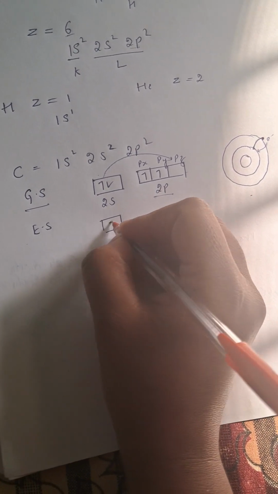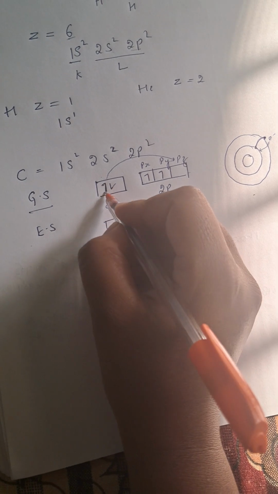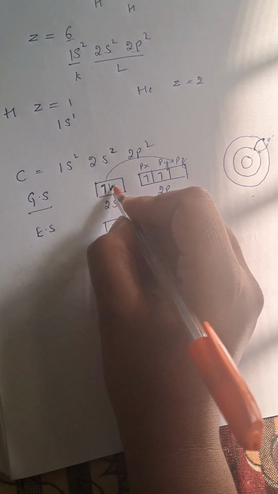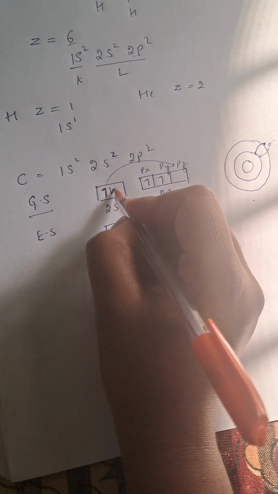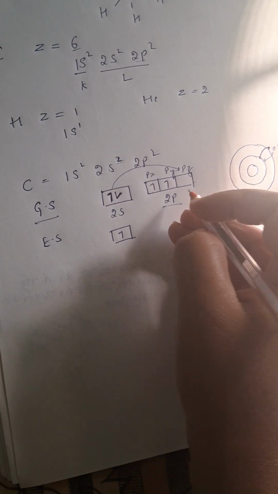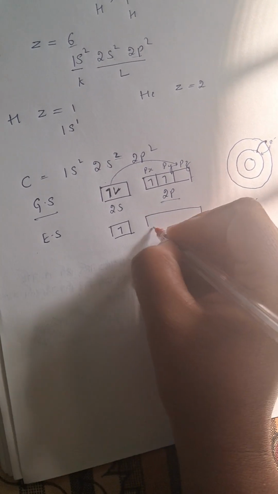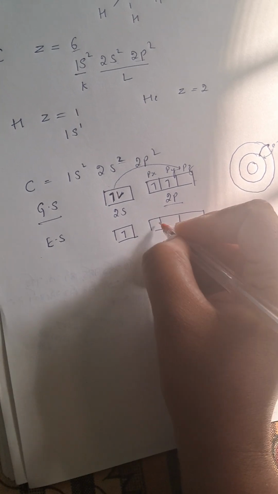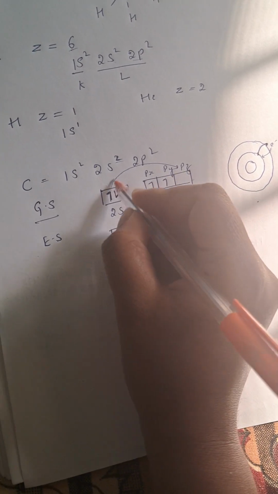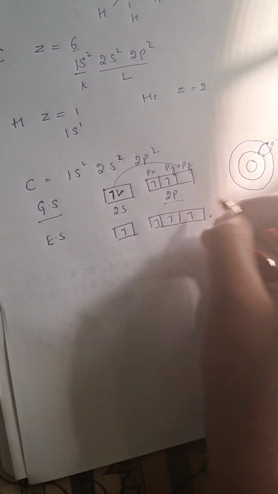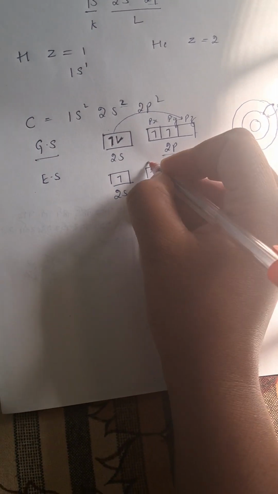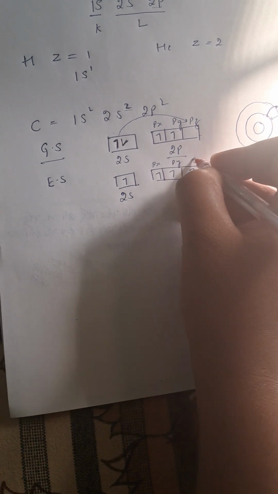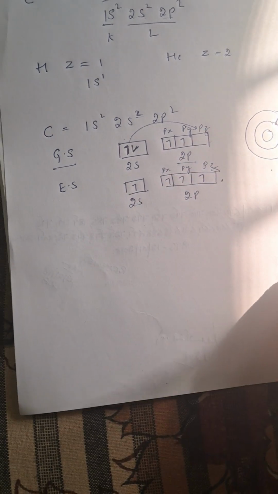So let's see what happens to the configuration. Electrons are represented in this manner. The 2 electrons are shown as half arrows on opposite sides, with opposite spin, and then the electron jumps from the ground state into the empty pz orbital. So in 2s I have 1 electron, and in 2p, px, py and pz have 1 electron each.